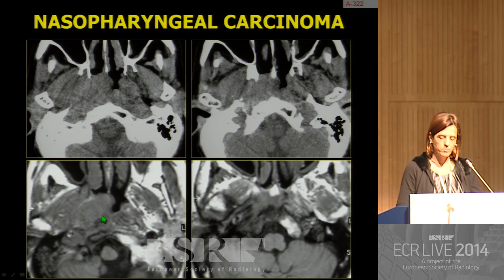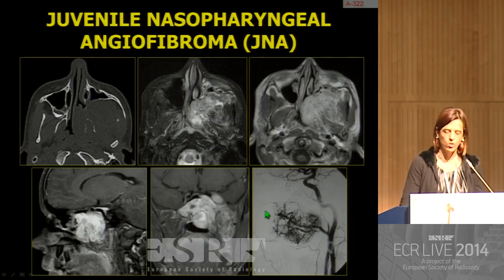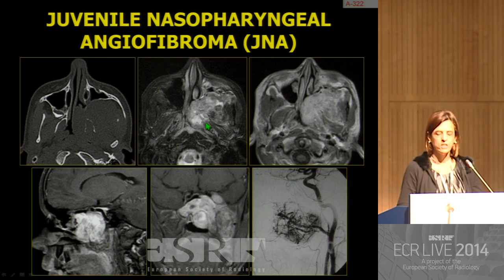You can see this better on MR, where you see the replacement of the fatty marrow of the clivus and of the occipital condyle, and you see the lesion growing into the jugular foramen and into the condylar canal on the right side.